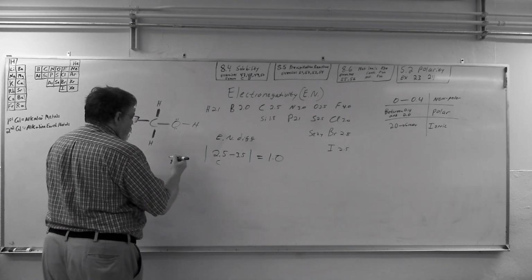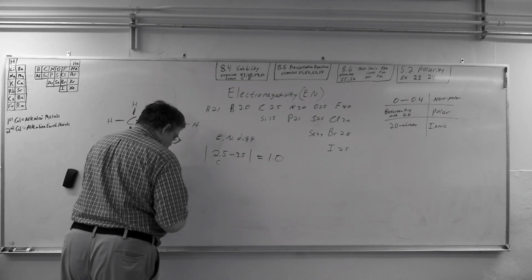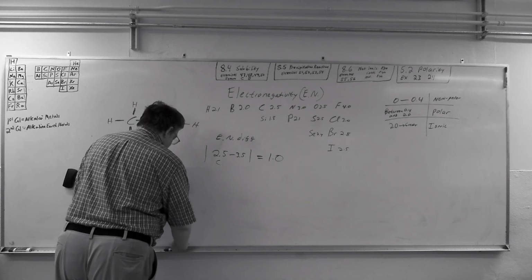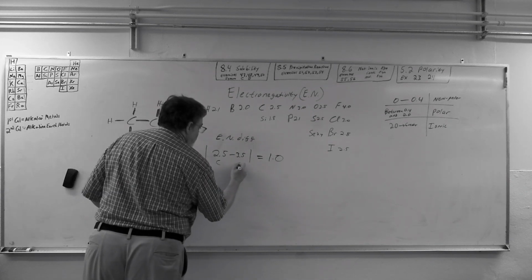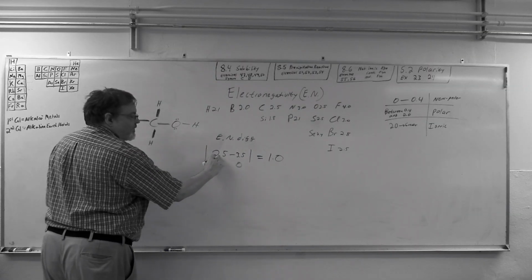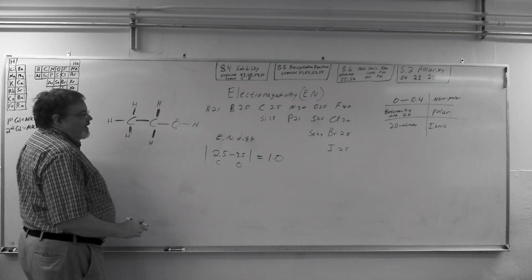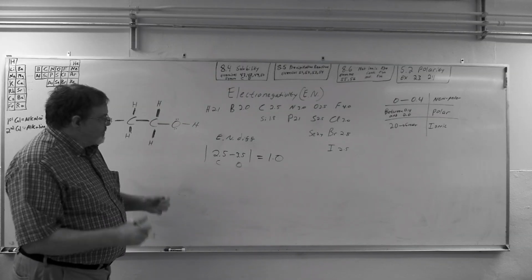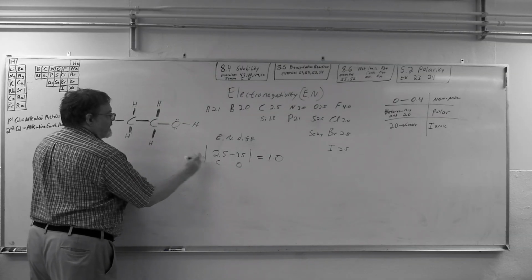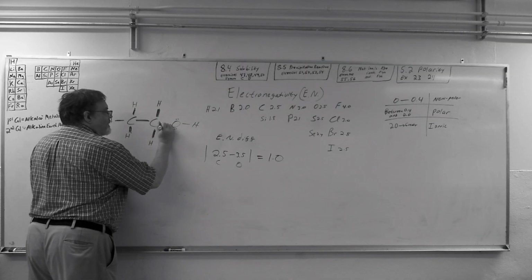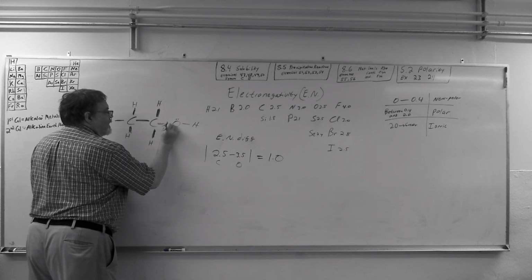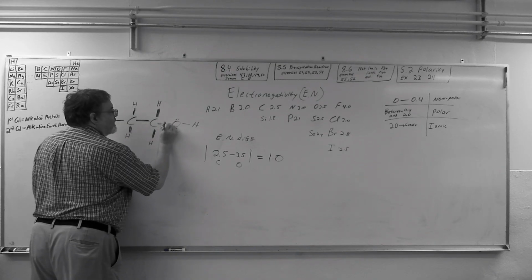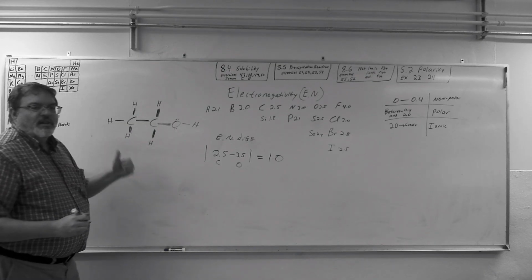Okay, so what I mean here by polar, notice that oxygen has a larger number for its electronegativity. That means it has a tendency to pull those electrons towards itself more strongly than carbon does. So these electrons in this bond are really mostly being pulled towards the right side more than they are to the left side.